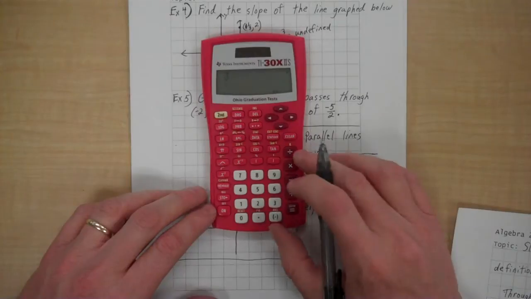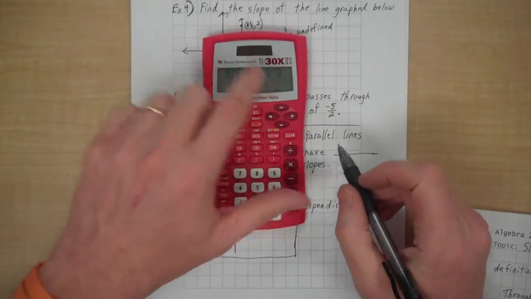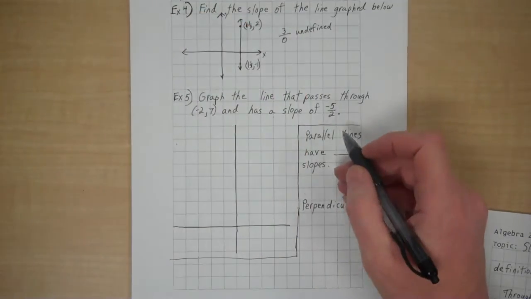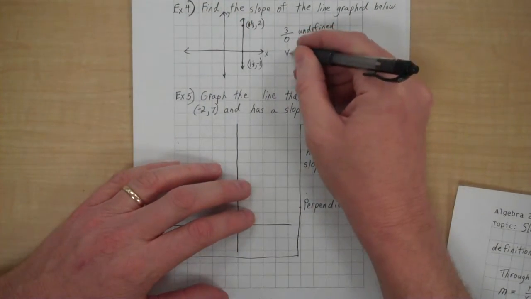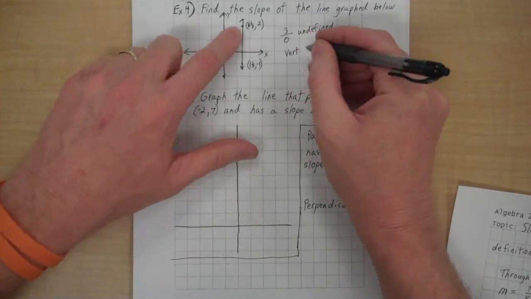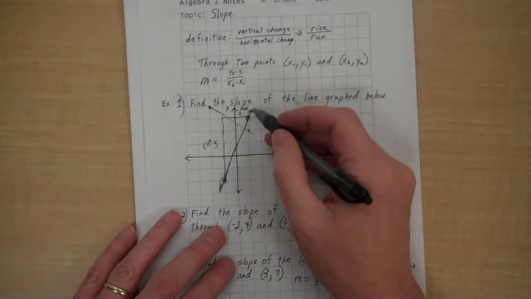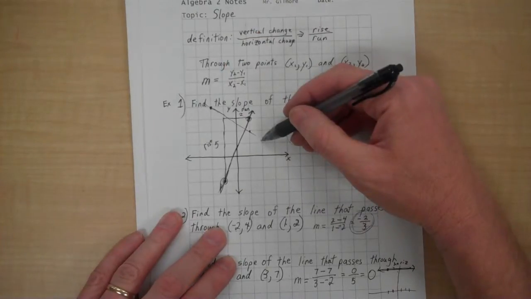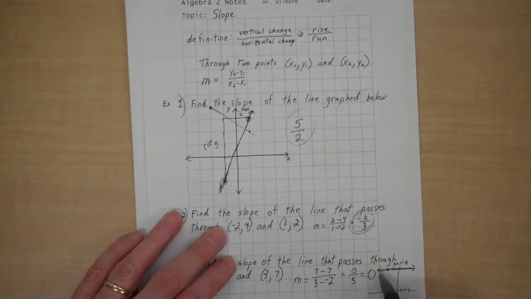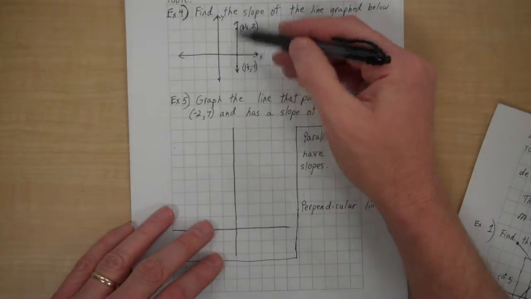If you take 3 divided by 0, divide by 0, it says don't do it. It's undefined. And vertical lines, like the one you see right there, have undefined slopes. So I do want you to associate, if you haven't already, positive slope slants up from left to right, negative slope slants down from left to right, 0 slope is a horizontal line, undefined slope is a vertical line.